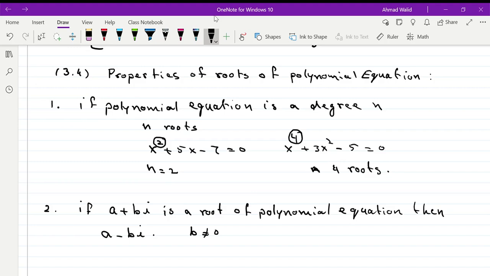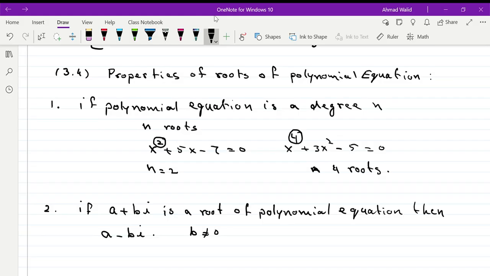You saw this, that whenever you end up with imaginary roots or complex solutions, you had two complex solutions, in the form of a plus bi and a minus bi, correct?